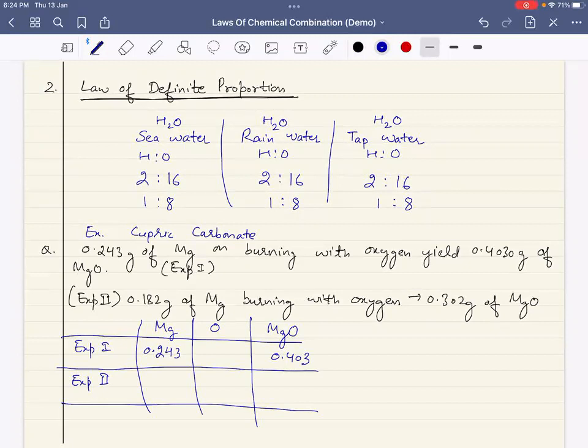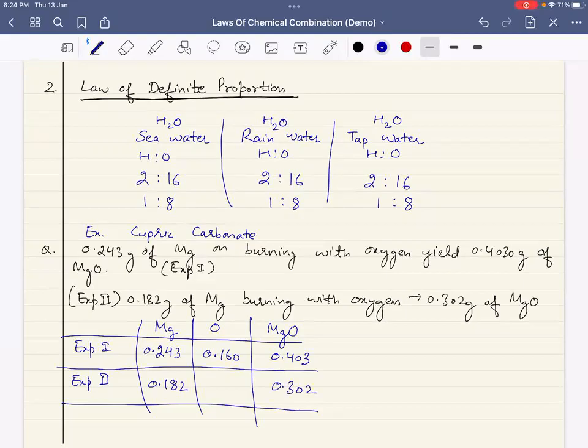You can subtract 0.243 from 0.403, so it will be 0.160. Now in experiment 2, we are given the amount of magnesium, that is 0.182, and the amount of magnesium oxide is 0.302.